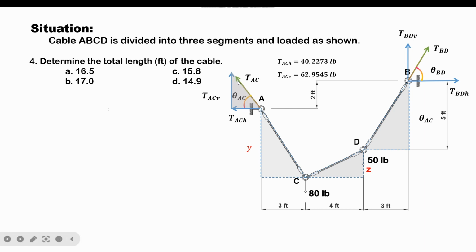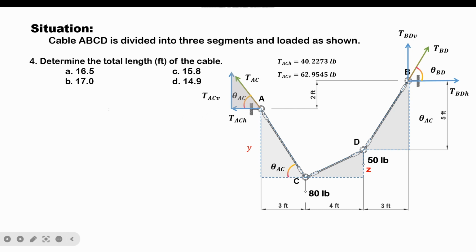This force representation of segment AC is collinear to this physical representation of segment AC. So if this is theta AC, this would also be theta AC. And if two triangles have equal angles, then these triangles are considered to be similar triangles. And if we have two similar triangles, we can use the concept of ratio and proportion.